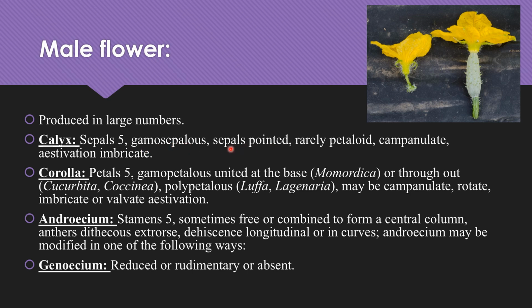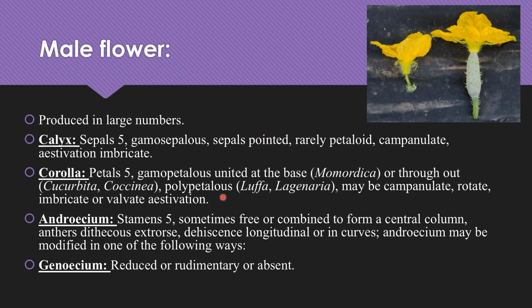Sepals are pointed and rarely petaloid, and campanulate shaped. Aestivation of the sepals is imbricate. Corolla consists of 5 petals in gamopetalous condition. So the staminate flowers are gamosepalous, gamopetalous and pentamerous.